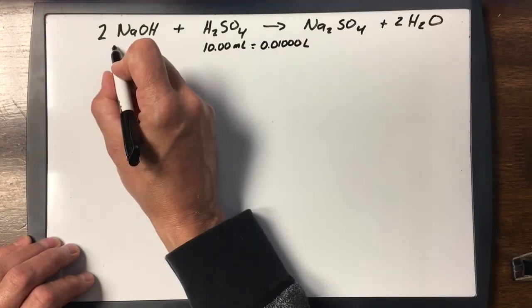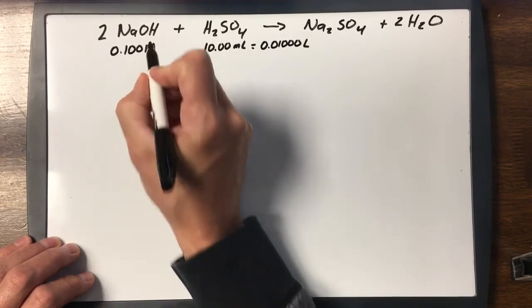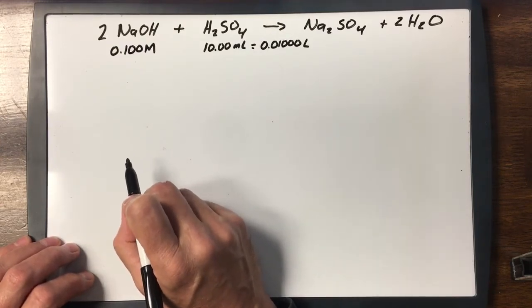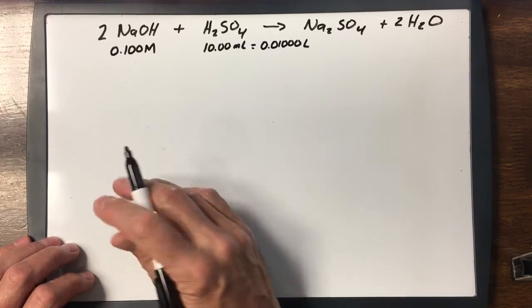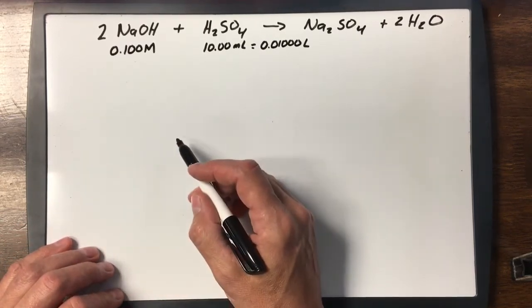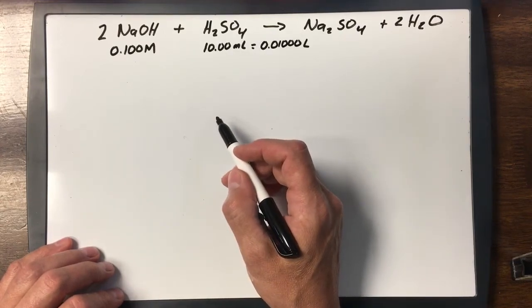It tells us in the question that the solution that we're going to titrate is a 0.100 mole per liter solution of sodium hydroxide. And the titration process is going to tell us what volume of sodium hydroxide is necessary to neutralize this particular solution of sulfuric acid.